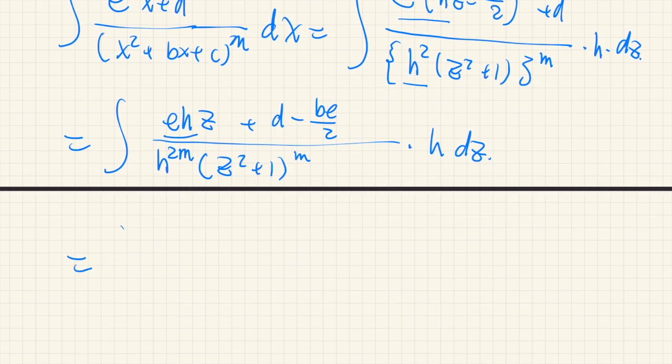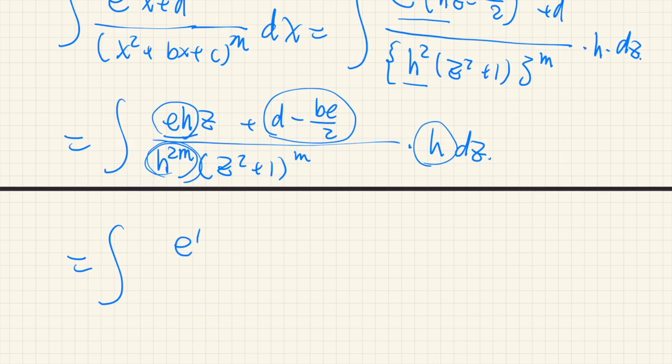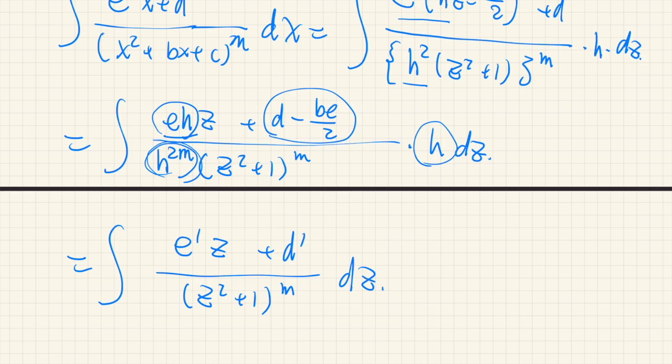So let's put these together and define new constants, e prime z plus d prime, over (z squared plus 1) to the power of m dz, where e prime is e h squared divided by h to the power of 2m minus 2, and d prime is this one divided by this and multiplied by this.